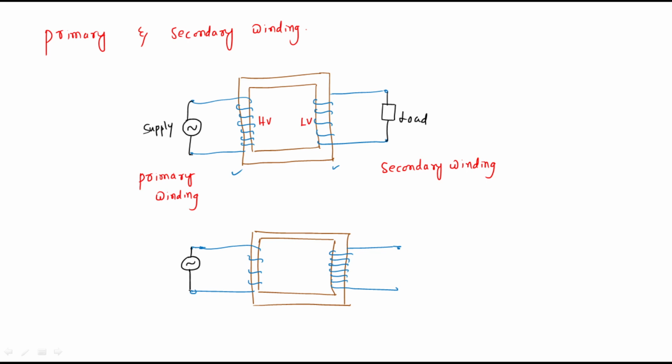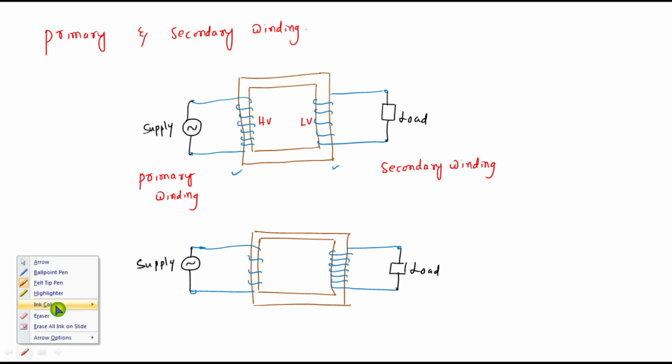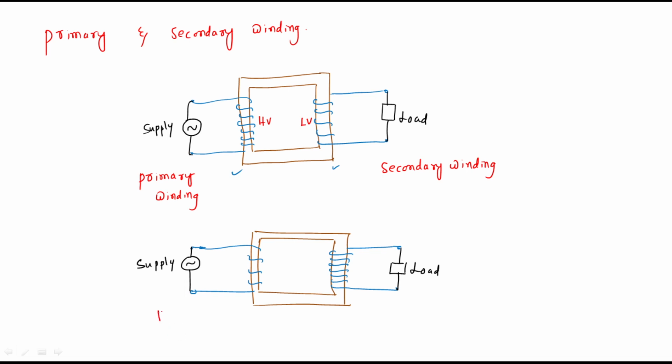For this we have a load. This is what? Primary winding. This is what? Secondary winding. But we all know that this is low voltage winding, this is high voltage winding.